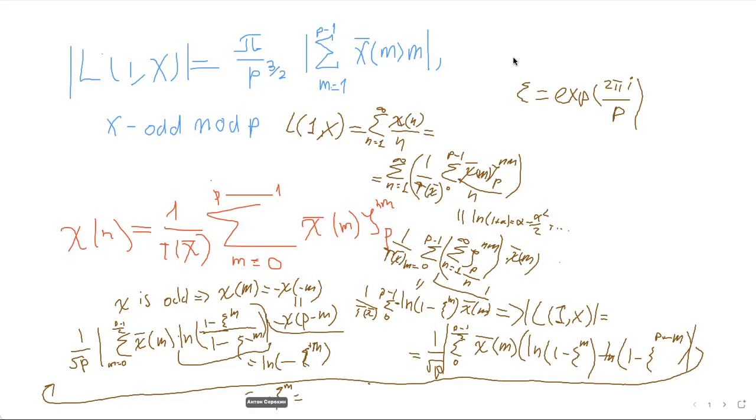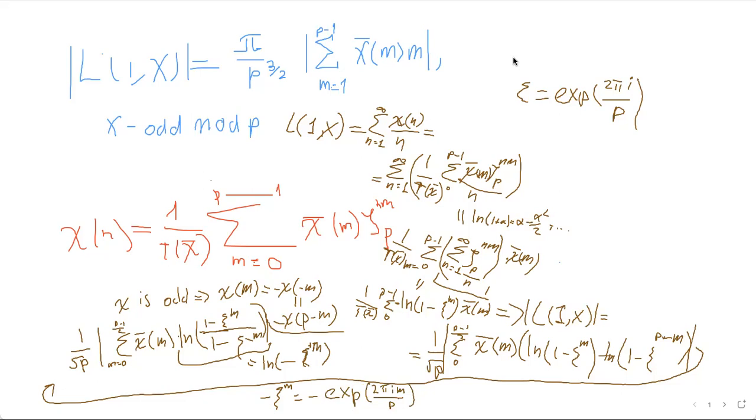Is minus one an exponent of something? We can of course write this, but how does it help? So minus zeta to the m is also an exponent of something. This will allow you to compute the logarithm explicitly.